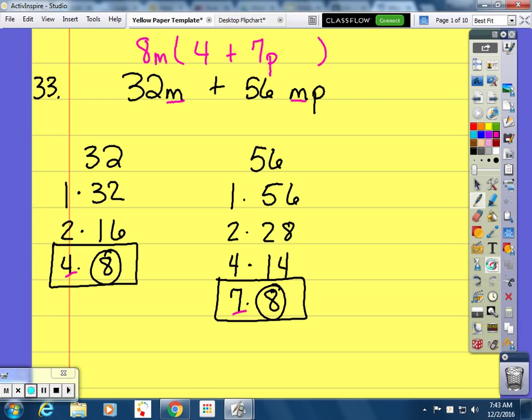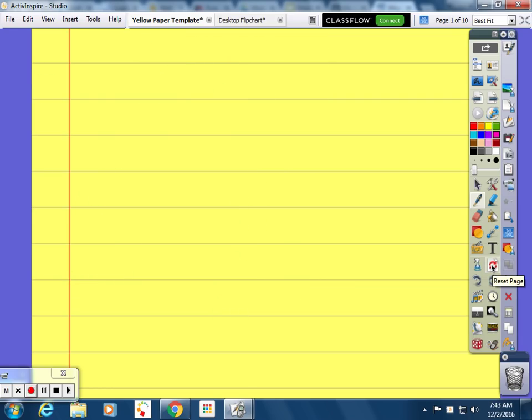Moving on to number 34. Ben earns $9 an hour and $6 for each delivery he makes. He wants to earn more than $155 in a workday. What is the least number of deliveries he must make to reach his goal? So he makes $9 an hour, so that's $9 times each hour, plus $6 for each delivery he makes.